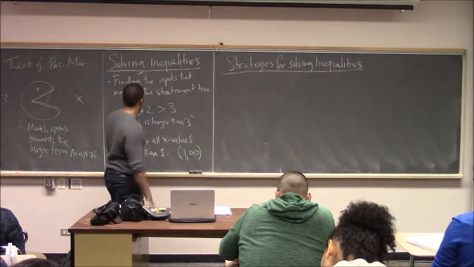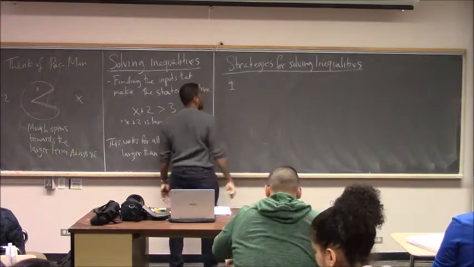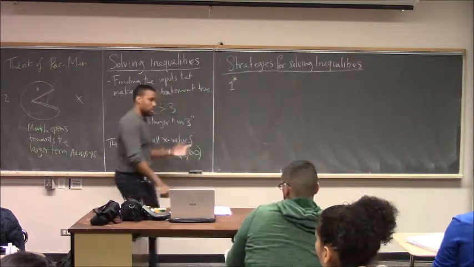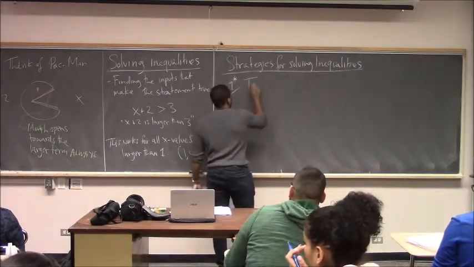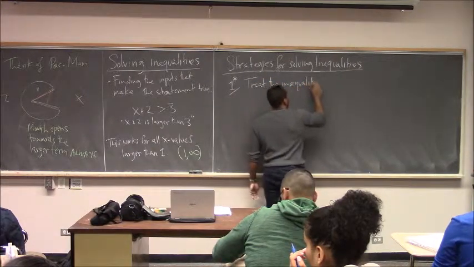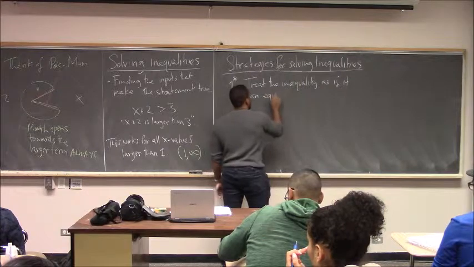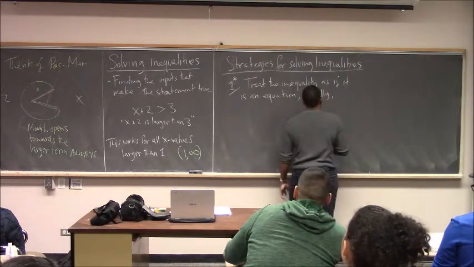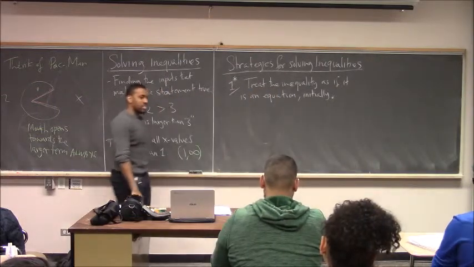So here is the idea. Step 1, and this is going to have a caveat on it, which I will give you at the end of the strategy: you treat the inequality as if it was an equation.